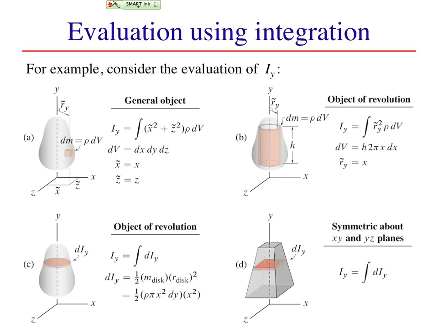In figure B of this slide, we have an object of revolution about the y-axis. We'll restrict ourselves to describing it in terms of a generating surface in the xy plane.